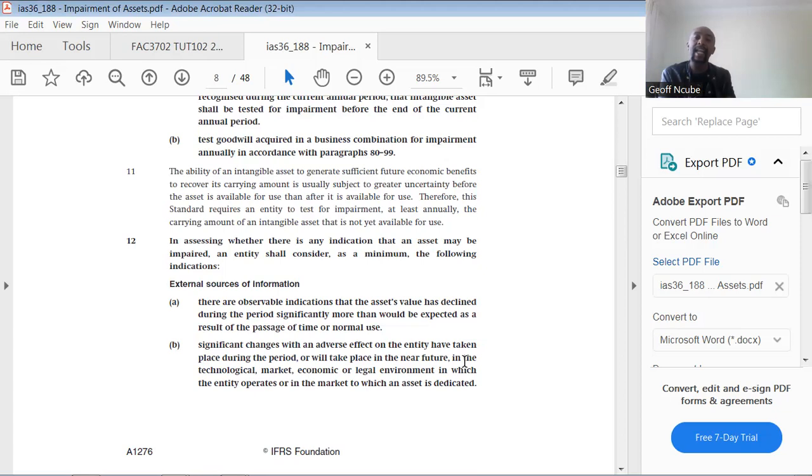It can come in either situation. So as long as there's that indication that maybe the value has gone down, remember, the market is assessing. That's why the market will come with a figure based on assets that the company currently has. That's why you need to assess at the end of the year if the carrying amount is appropriate compared to the recoverable amount.